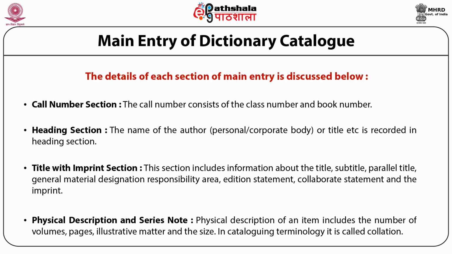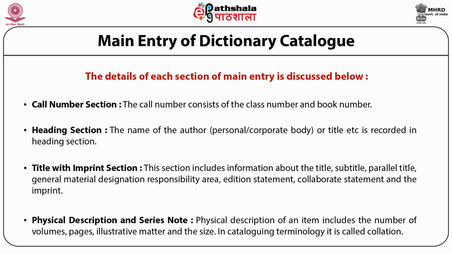Fourth section, physical description and series note. The physical description of an item includes the number of volumes, pages, illustrated material, and the size. In cataloging terminology, it is called collation. This is recorded in a separate paragraph starting from the second indentation.